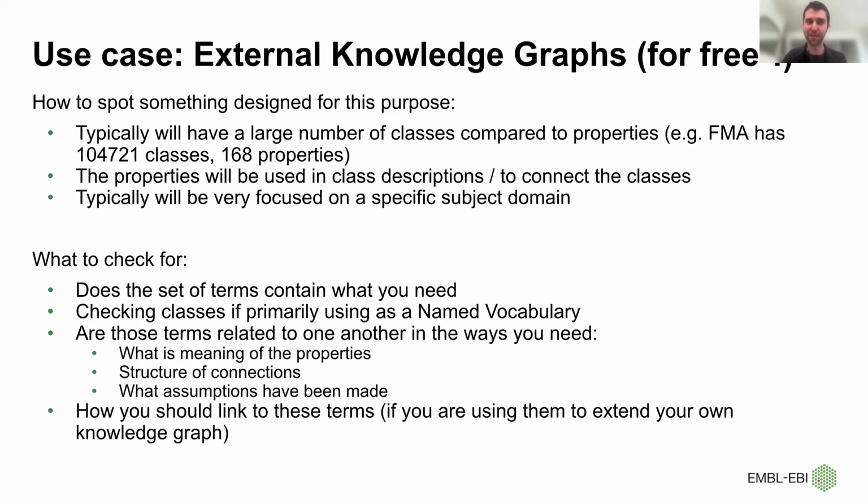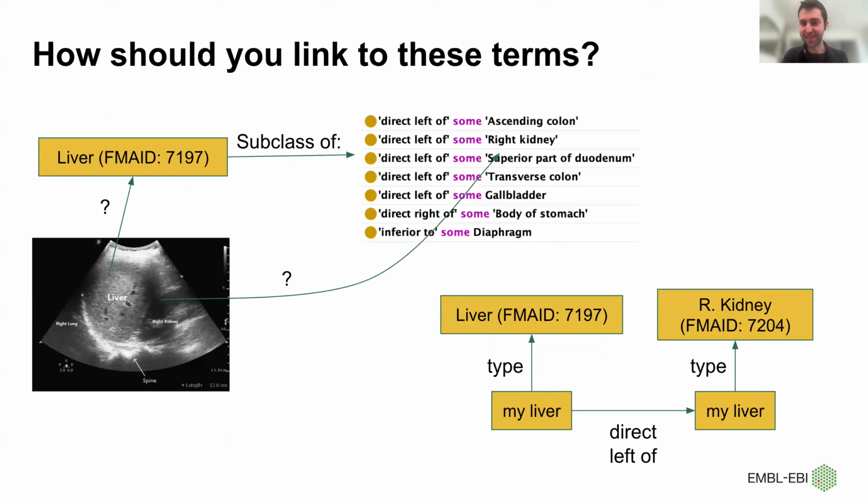Basically, if you're wondering how you should link to those terms, the answer is, as usual, it depends. The classes in FMA are usually described as subclasses of some relation and class pair.